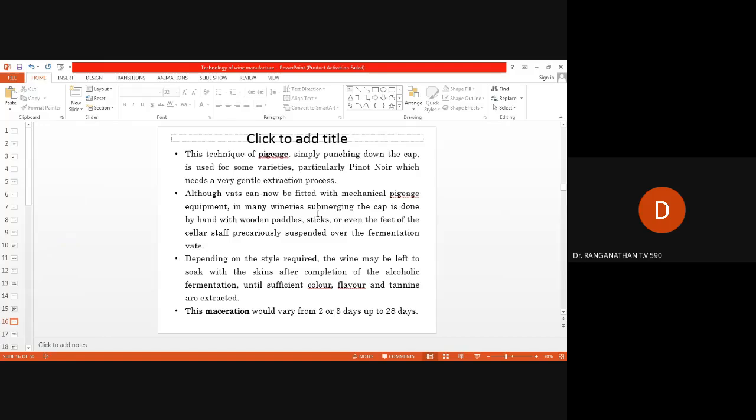Vats can be fitted with mechanical pigeage. In many wineries, submerging the cap is done by hand with wooden paddles or sticks or even the feet. You just push it by hand and the skin gets inside. Depending on the style required, wine may be left to soak with the skin after completion of the alcoholic fermentation or extracted. Now, what are the two types? Red wine and white wine. Red wine is one where the color is red.